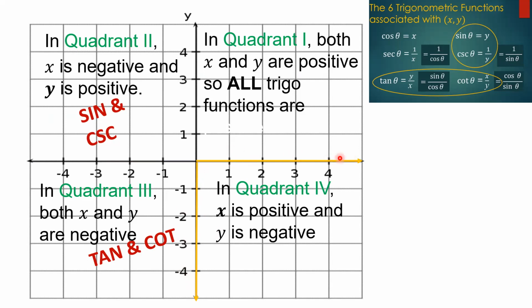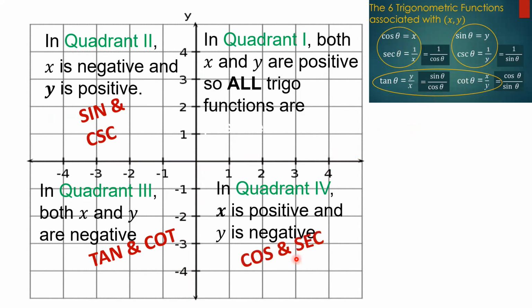So what does that mean? Positive x, that will be cosine. So reciprocal function niya, secant, yun lang yung magpa-positive. Yung mga affected ng y, sila yung negative. So only the cosine and secant functions are positive on the fourth quadrant.